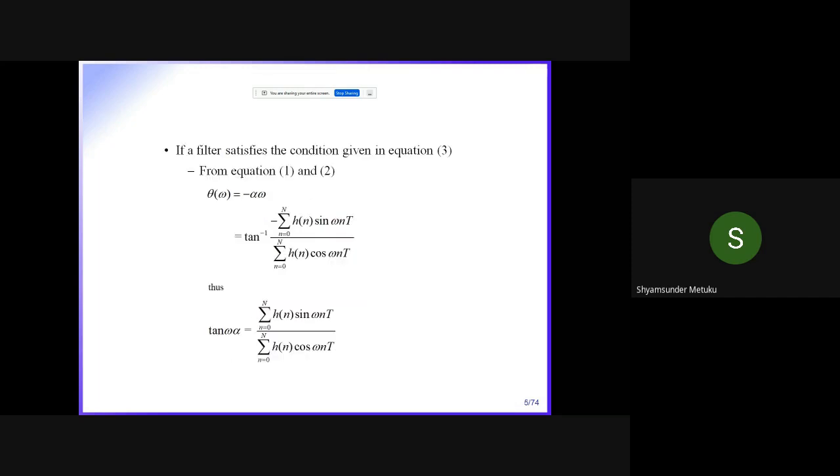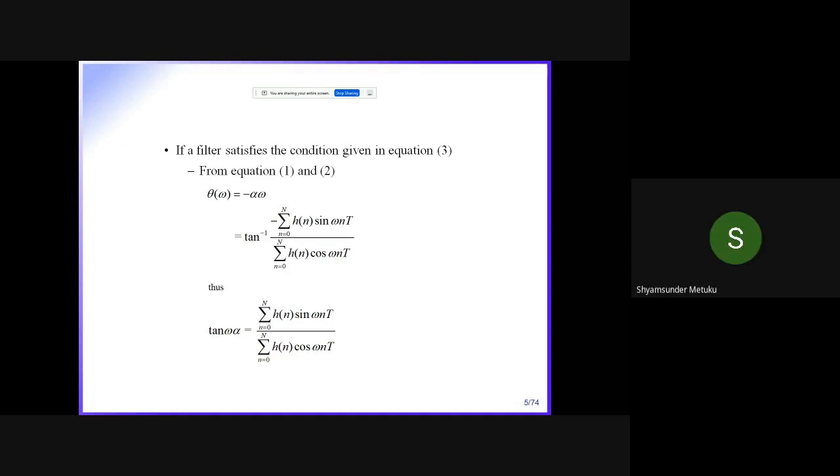Cos omega n is sin omega alpha. Sin alpha by cos alpha. So can I write tan omega alpha is sin alpha by cosine alpha?